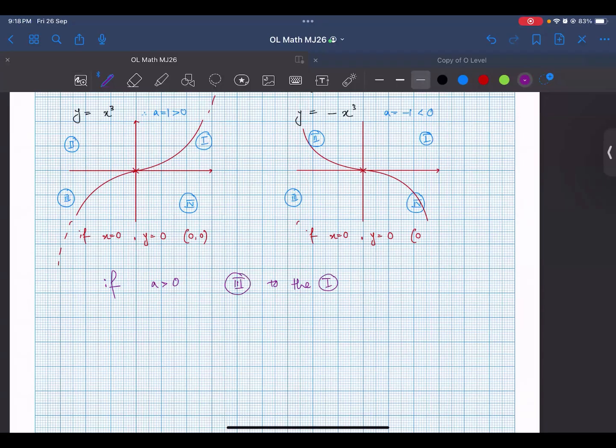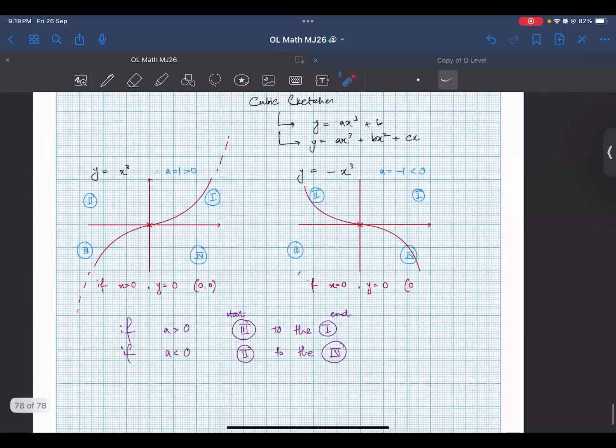Your graph would always move like this. It will start from the third quadrant, move and turn at turning points if there are any, and then it would always end in the first quadrant. Start and end. And if your A is negative, your graph would start from the second and end towards the fourth quadrant.